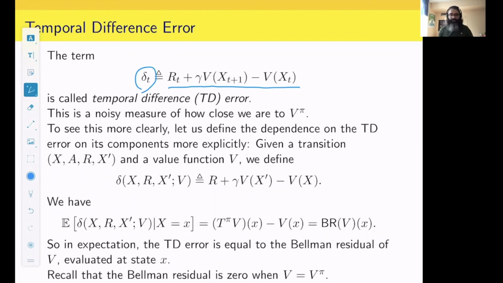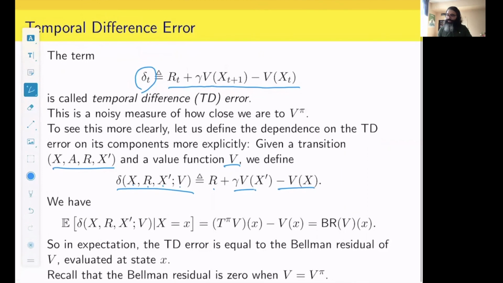To see it more clearly, suppose we have a transition x, a, r, x prime, and a value function V. I define this expanded notation for TD error, so I show the dependence more explicitly: x, r, x prime, and V. That would be reward plus gamma times V of x prime minus V of x.